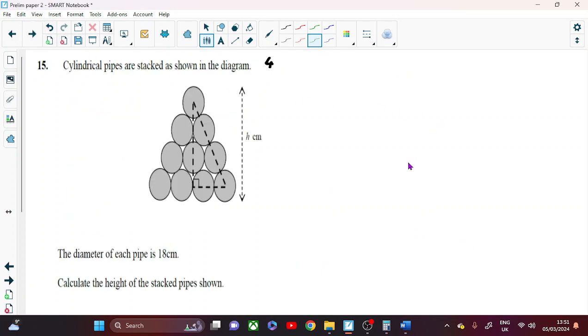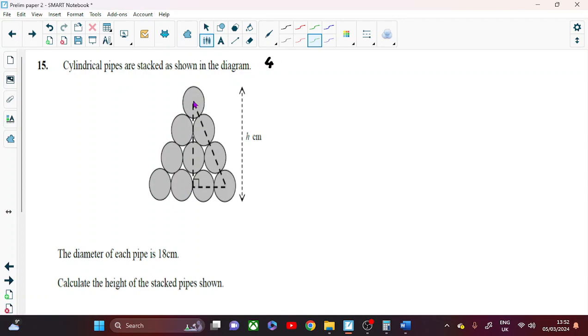Right, cylindrical pipes are stacked as shown in the diagram. The diameter of each pipe is 18 centimeters. Calculate the height of the stacked pipes shown. Right, so I know there to there is 18. Nope, that one is the one I actually need to work out, so I'm going to remove that and try that again.